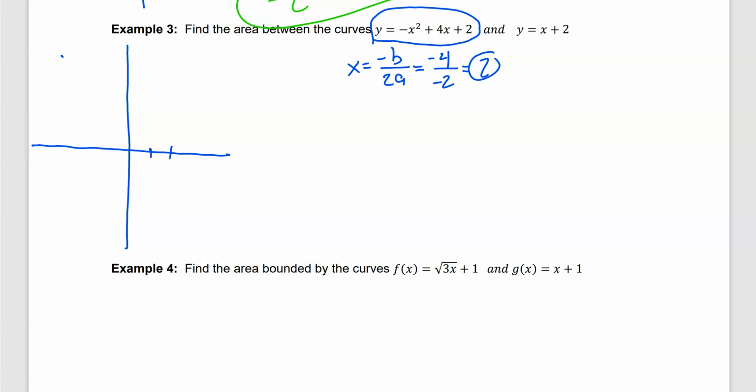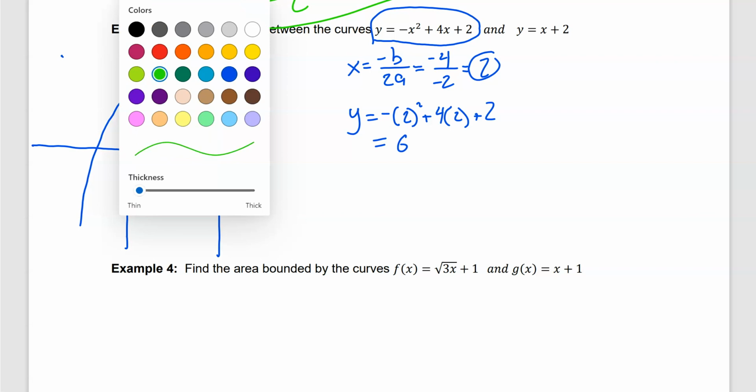So I know that the parabola is opening down from there. If I want to find the height of that, I can replace the x values with 2's. And I think I get 6 from that. So here I am, and my parabola is opening down.